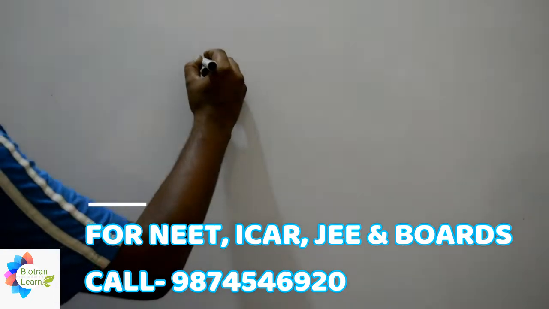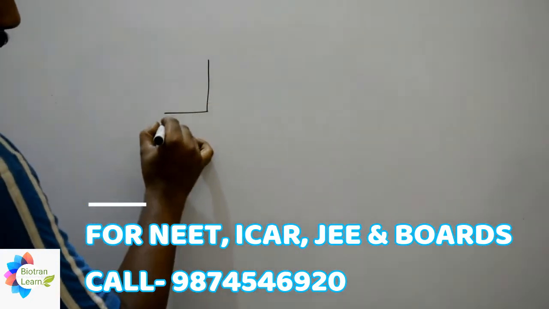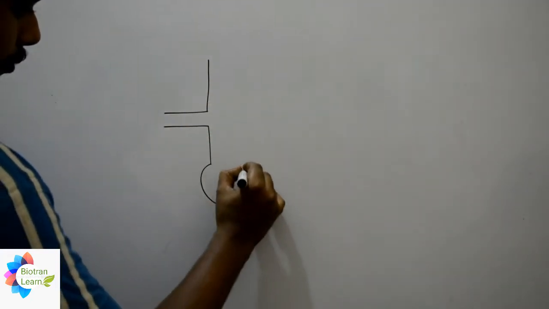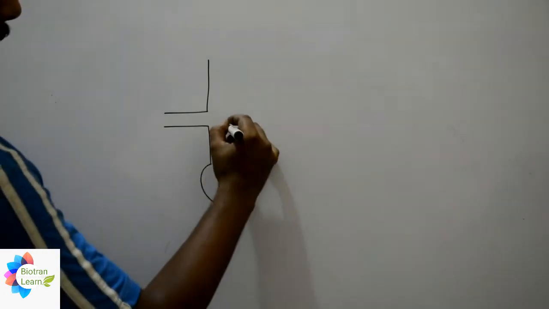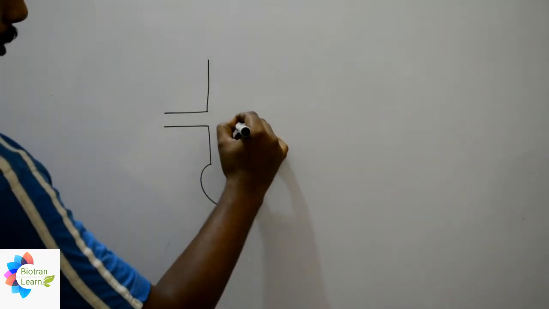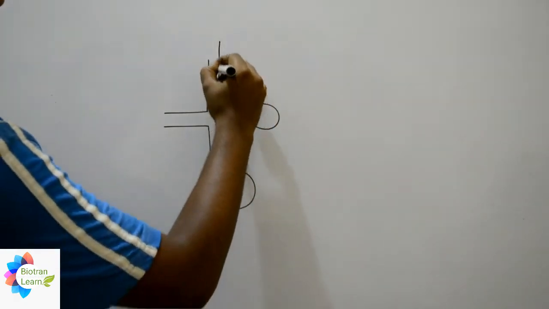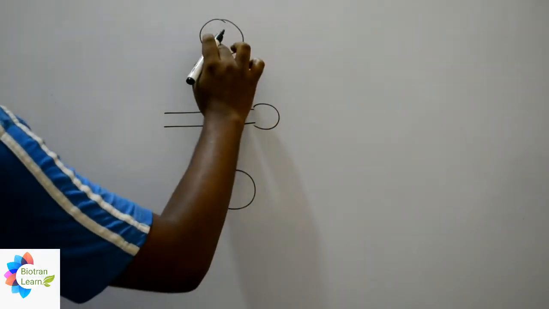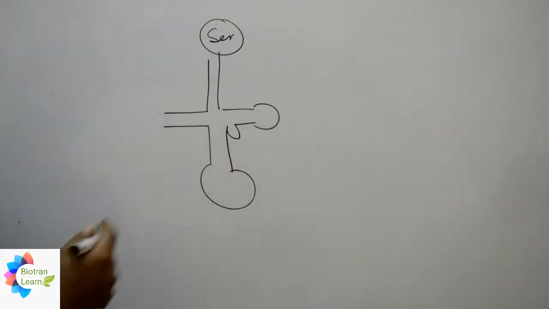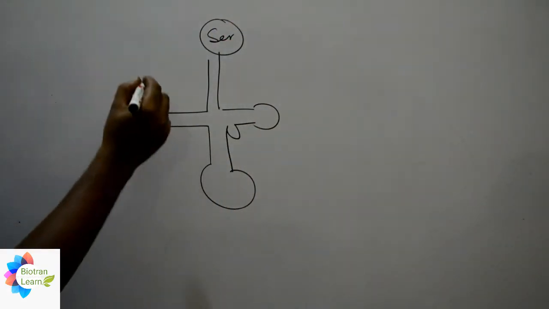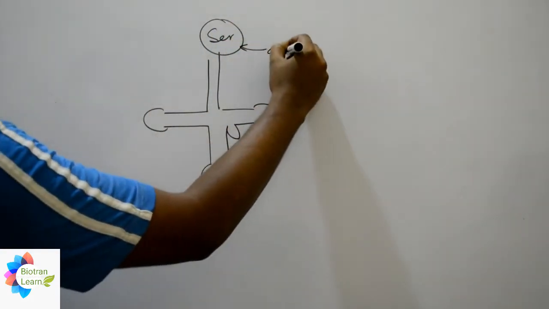So in case of a particular tRNA structure, we will get an anticodon loop site, then the DHU loop site, and in this particular section we will get a particular amino acid.